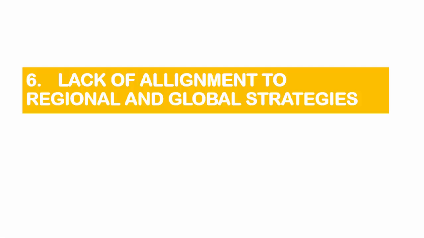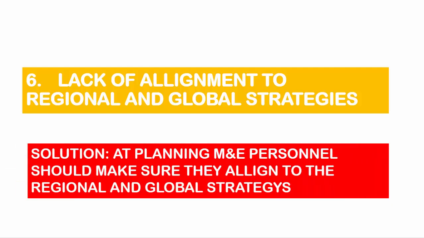Also, it helps you benchmark. If at global level this is the statistic, and your indicator is giving a different statistic, you'll be able to gauge and say, okay, we are not doing well compared to the average. So it's important that at planning stage, these are well aligned, and then things will be okay.